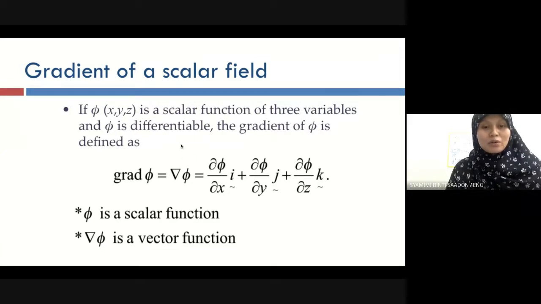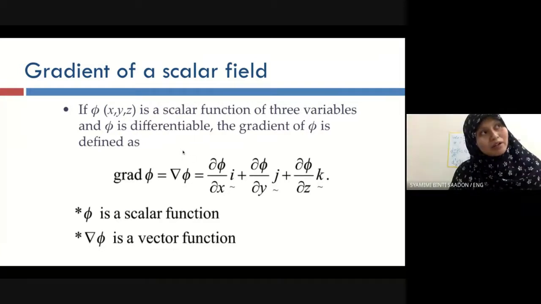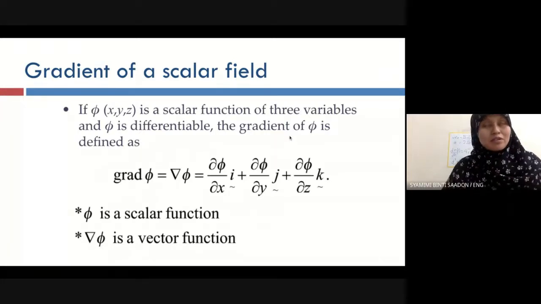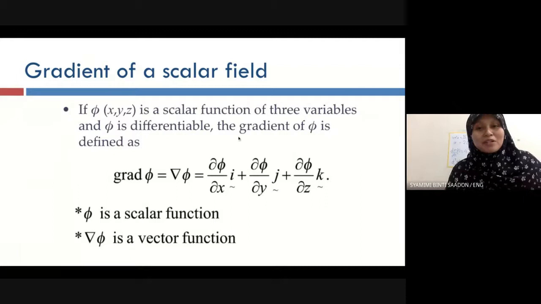For example, if phi is 2xyz, you first differentiate in terms of component x, then in terms of component y, and then in terms of component z.